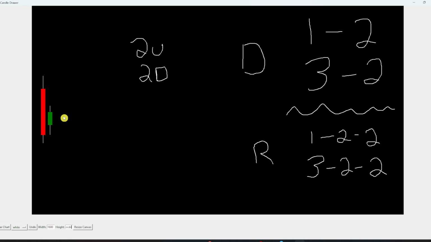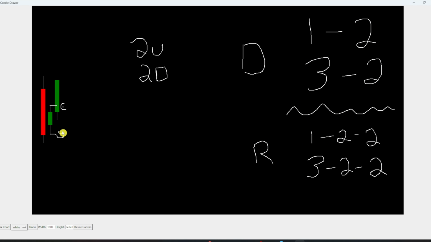So for example, we'll look at 2 up. The moment it goes 2 up and breaks the high of the previous candle, that's where I'm entering my long position. So this would be a bullish setup. Okay, a 1-2 up is a bullish setup. So I put an E there for entry, and then my stop loss would be below that 1.